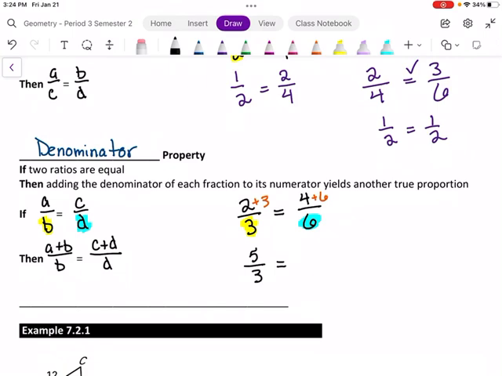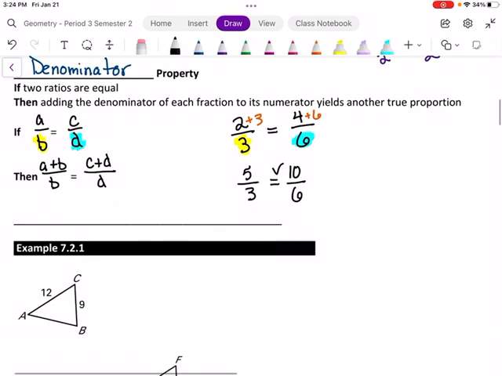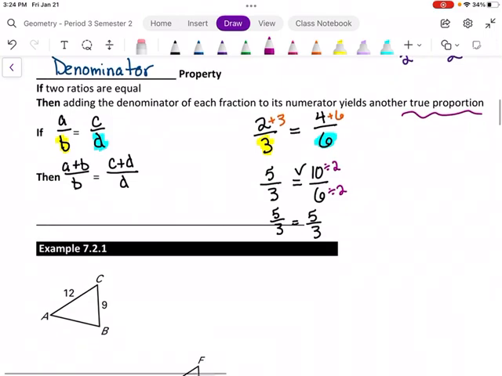We would get 10/6, which is a true statement, because if we simplified the fraction on the right, we would also get 5/3 when we divide them both by 2. So by adding that denominator to both of the numerators, we will get an equivalent, or another true proportion. And that's the denominator property.